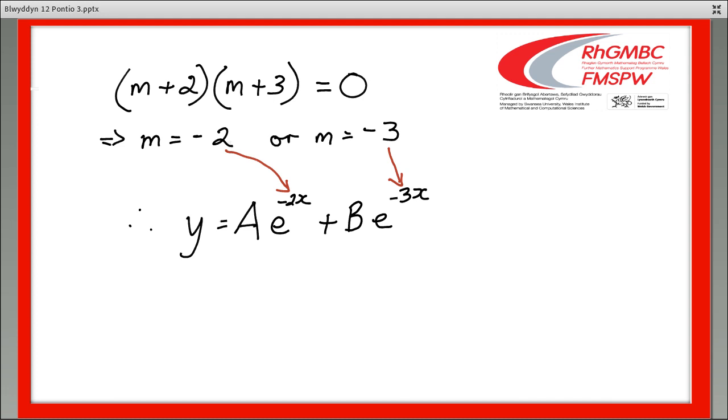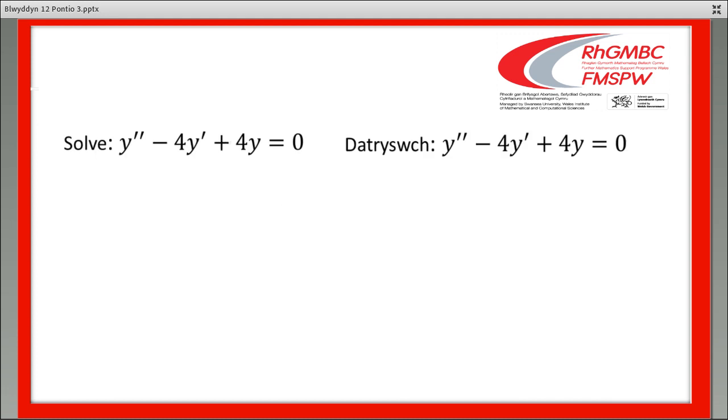Now, as you can see, that one factorized and it was quite nice. So I had my two solutions. And if you notice, a multiplied by e to the power of the first answer, plus b e to the power of the second answer, both with x. Now, when we look at the next question, we've got that one. Now that we start in exactly the same way.